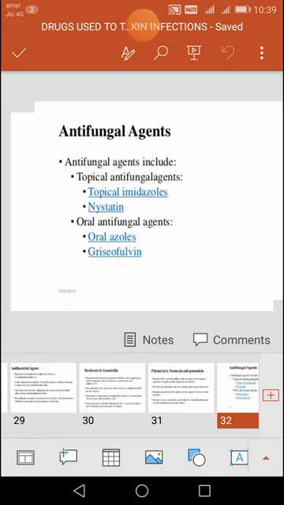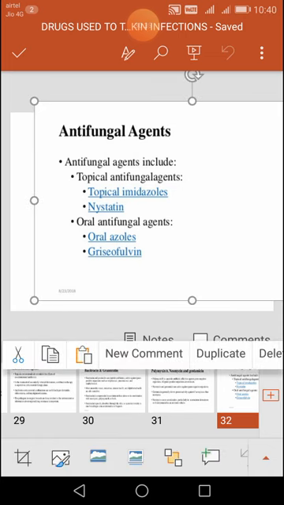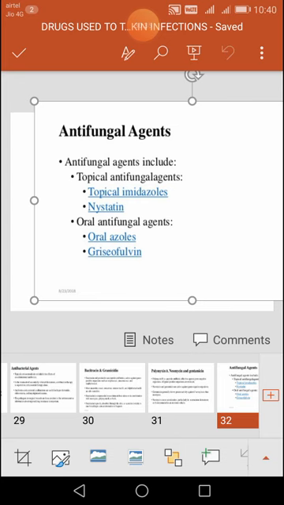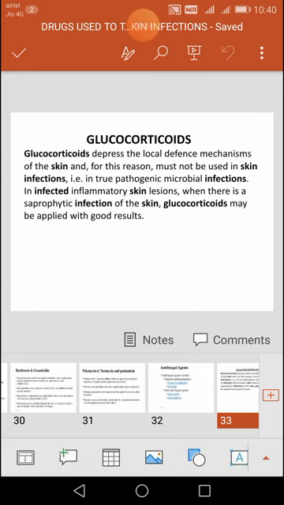So next comes antifungal agents. These include topical antifungal agents like topical imidazoles and nystatin, and oral antifungal agents like oral azoles and griseofulvin. Then glucocorticoids.